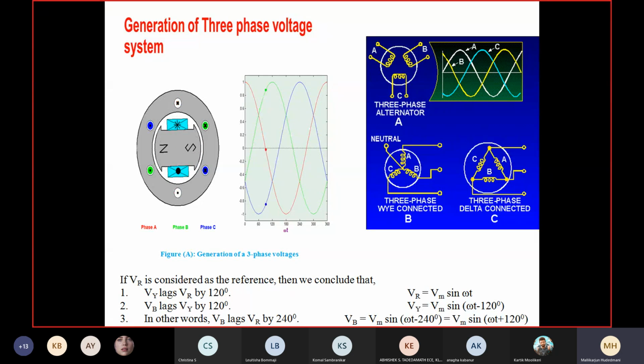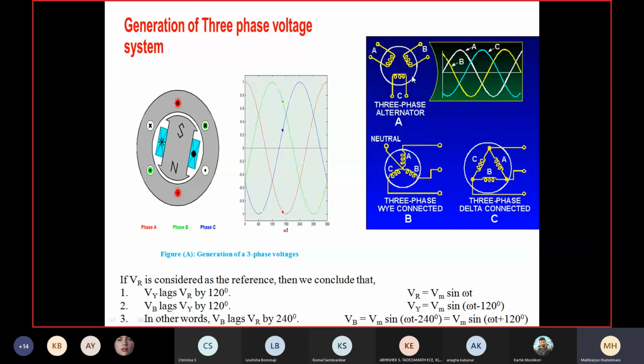This does not make any change in our Vm sin omega t, Vm sin omega t minus 120, Vm sin omega t minus 240. These will not be affected whether I connect in star or in delta. What matters to us is that the EMF is induced by 3 waves 120 degrees apart from each other.